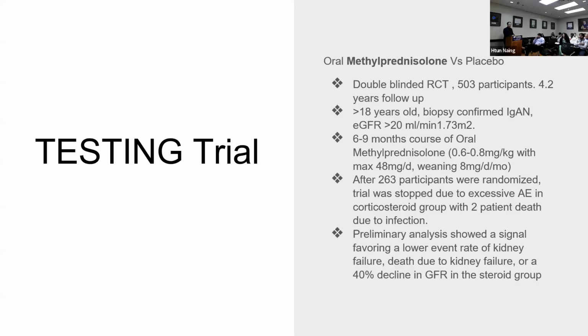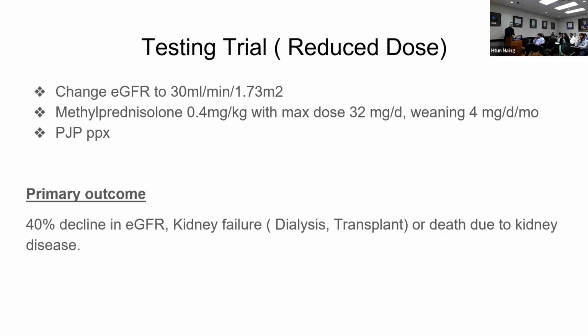So they said, okay, let's restart the trial with a lower dose. The dose was reduced into half, 0.4 milligram per kg with a max dose of 32 milligram per day, and weaning by 4 milligram per day per month with antibiotic coverage for PJP.